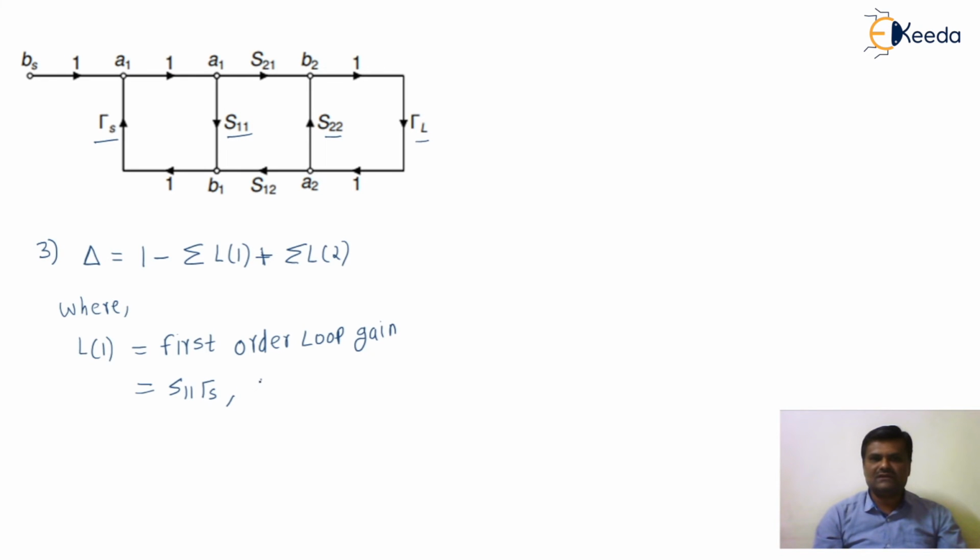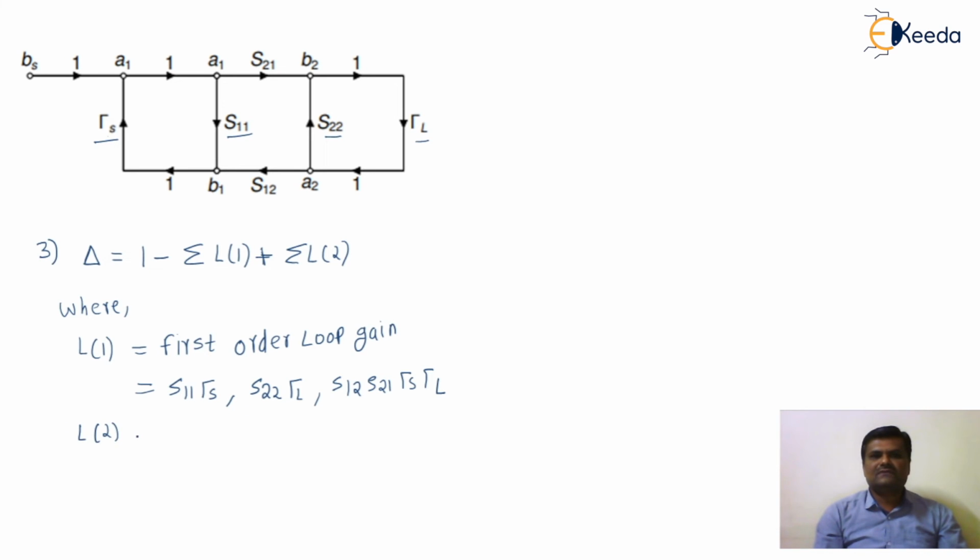S22 gamma L. Third is from A1, B2, then A2, B1 and A1. This loop has S21, S12, gamma S and gamma L. So here S12 S21 gamma S gamma L.